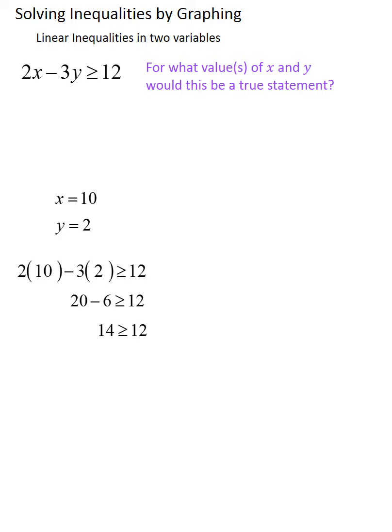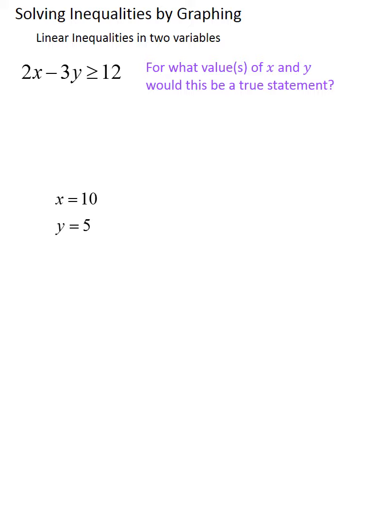Now, I'm not suggesting that you randomly plug in numbers to solve inequalities, but it's worth noting that this inequality can be true for certain values of x and y. What if I changed y to 5?